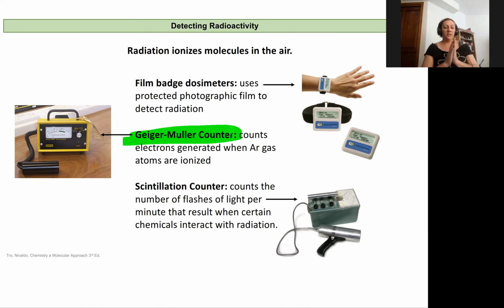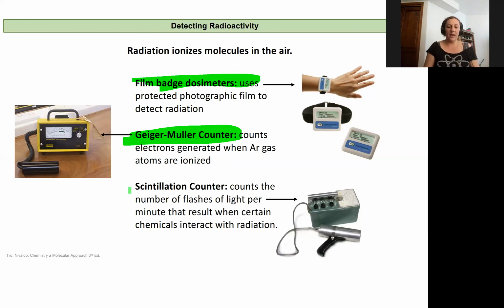Film badge dosimeters are usually clipped onto your jacket, or you'll put them on your wrist. That uses photographic film to detect radiation, and as it detects more and more, it shows that dosage through the effect of the radiation on the film.